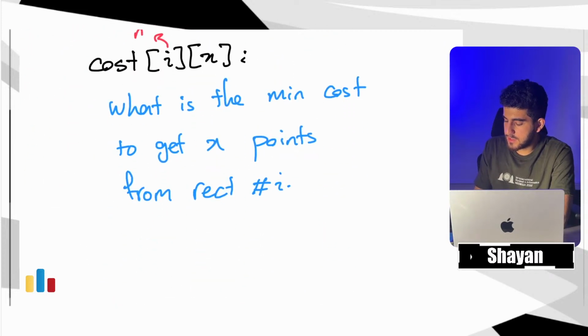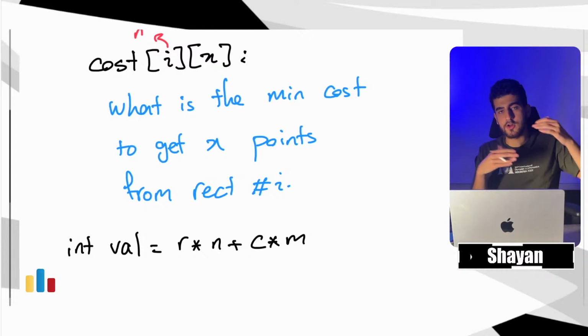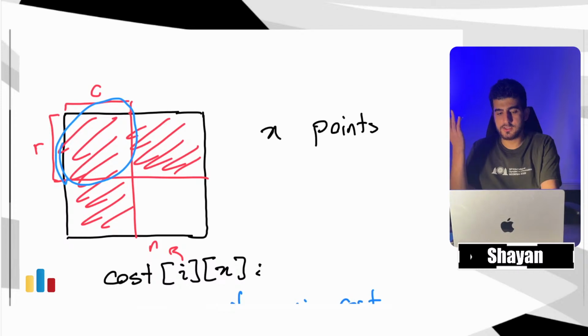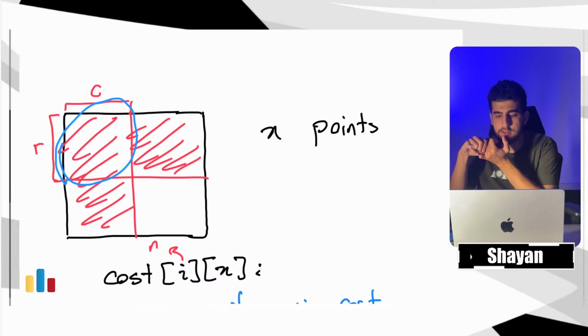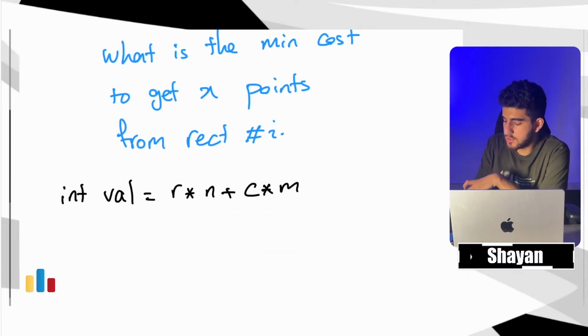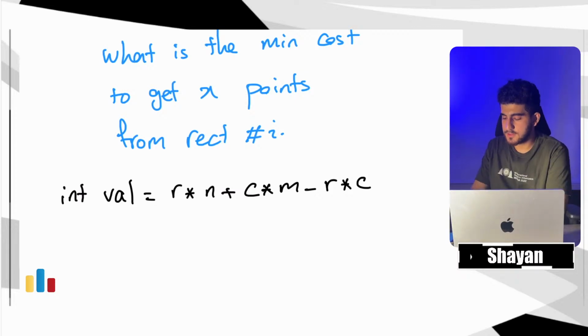The value that I spend is going to be r times n plus c times m, because I need to color all these cells. But there are r times c cells that I'm counting twice, and I can calculate them just once. So I need to subtract r times c. My value will be r times n plus c times m minus r times c.